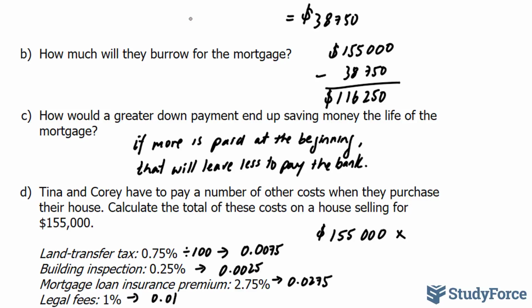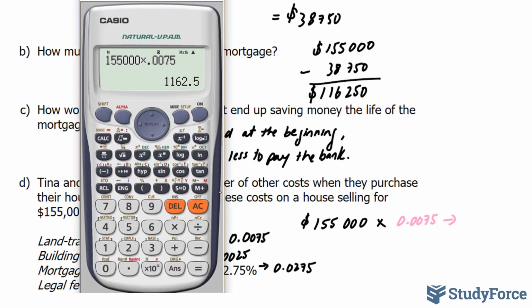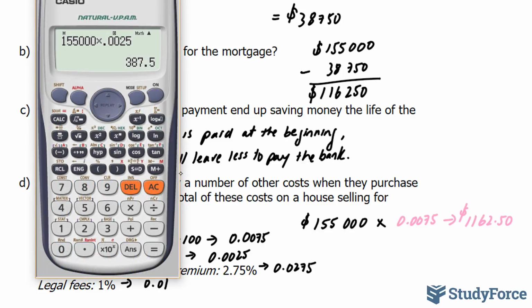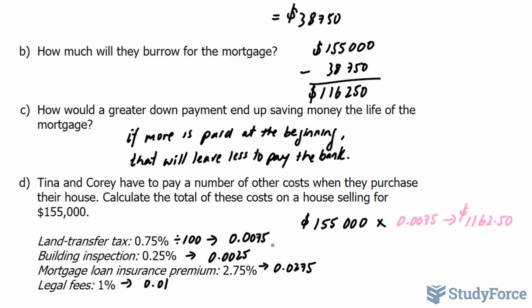So I'm going to multiply each one of these by 155,000 and then add them all up. So 155,000 times 0.0075 will give us $1,162.50. For this one, $387.50.